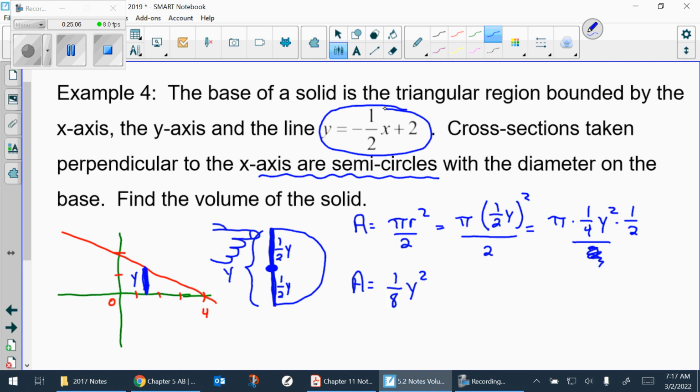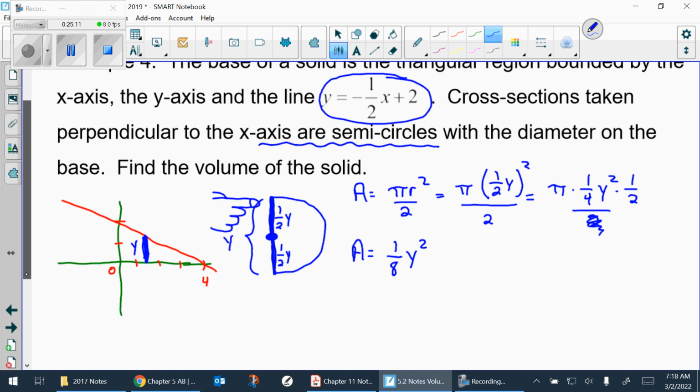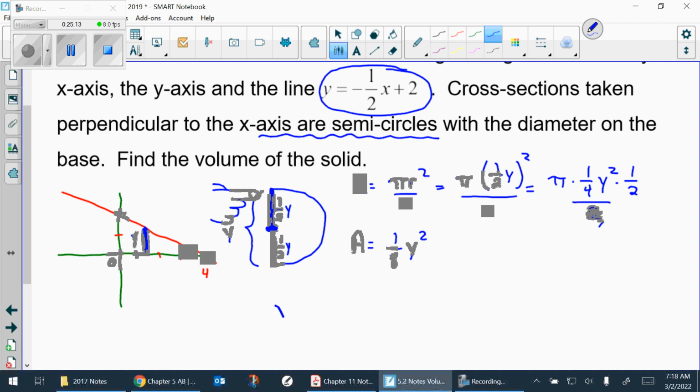When I slice hit the x-axis, everything needs to be in terms of x's. And so the volume of this three-dimensional figure, which starts at an x value of 0 and ends at an x value of 4.